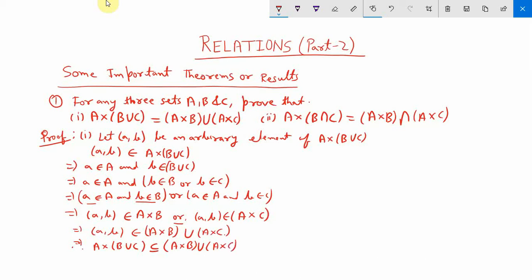Okay, next we will consider the opposite way.